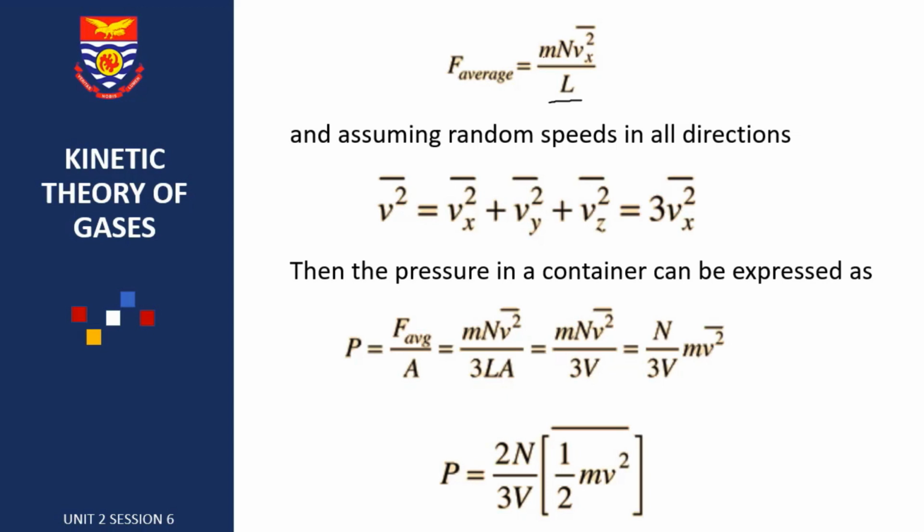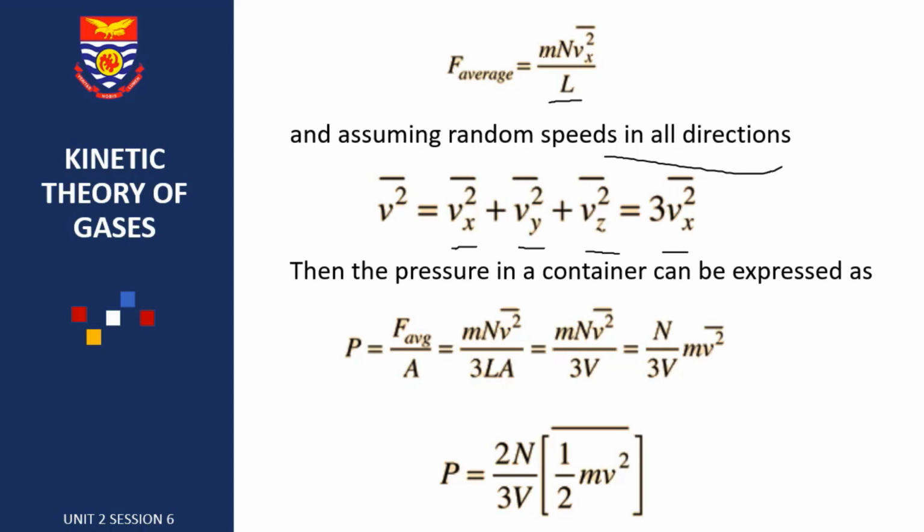And assuming random speed in all directions, that's x, y, and z, the average velocity squared will be equal to v squared x plus v squared y plus v squared z, which is going to give us what? 3 v squared x.